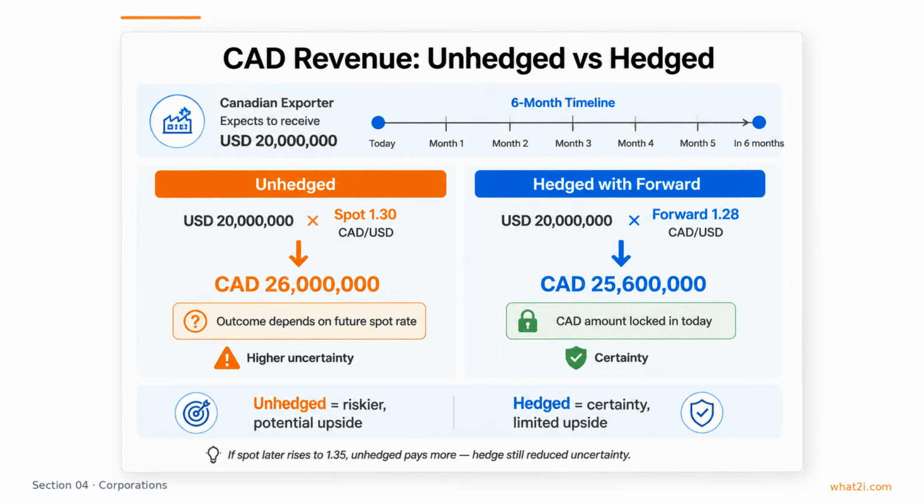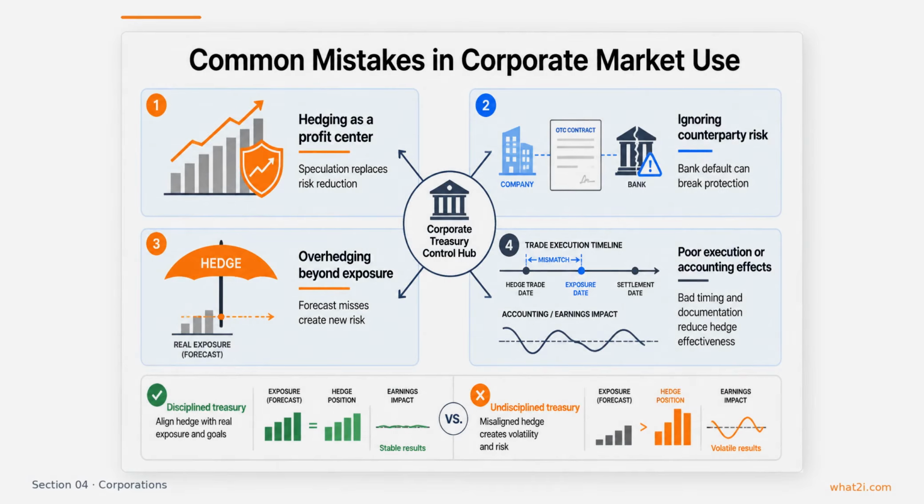The unhedged outcome is higher in this scenario, but it was also uncertain the whole time. The hedge gives up some potential upside in exchange for certainty. That trade-off is the essence of many corporate hedging decisions. Treasury teams often prefer a known outcome they can plan around, rather than a better outcome that only appears by chance.